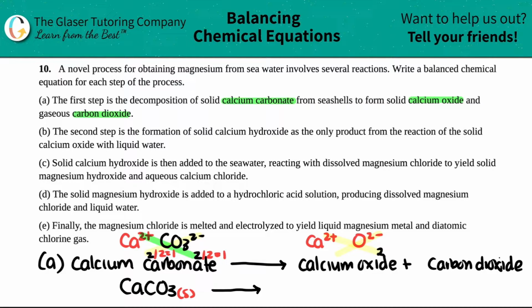And the 2 from the oxygen tells me that I need 2 calciums. But remember, simplest number, you could both divide these by 2 to get 1. So I only need 1 calcium and 1 oxygen. So this would just be CaO. And they told me that that was a solid. So I'm just going to say solid.